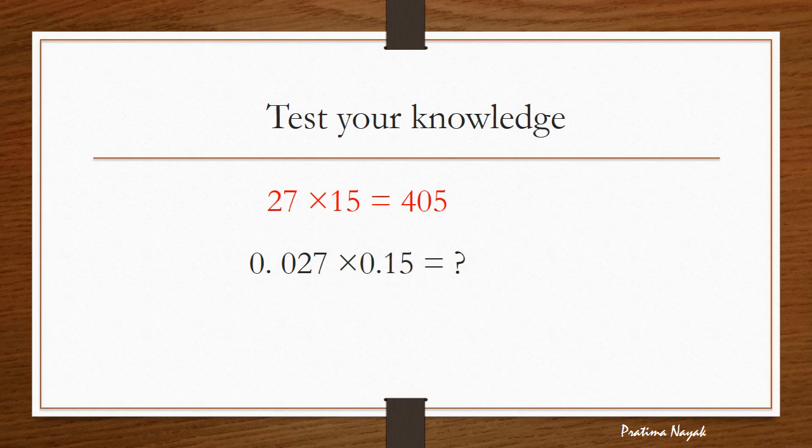So how many more zeros will I put? I'll put 2 more zeros after the decimal before 405. That means before 405 we'll take 2 more zeros. The answer is 0.00405.